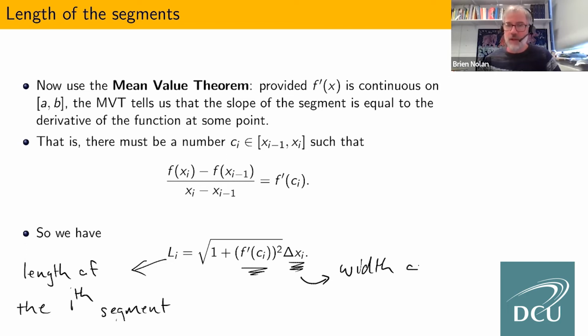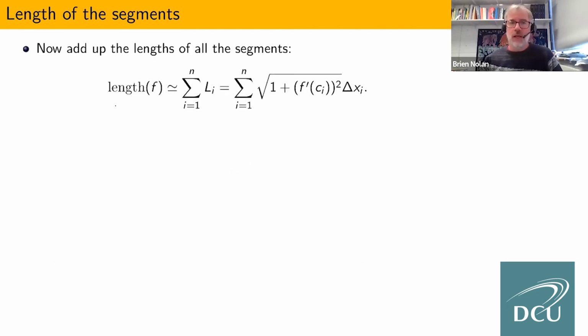So that's the width of the ith subinterval. Now we're going to add those up. And remember, the whole idea was that the length of the curve is approximately equal to the length that we get when we add up the length of all of these straight line segments.